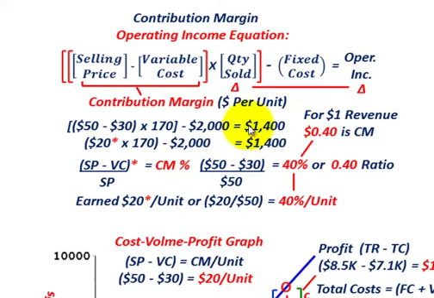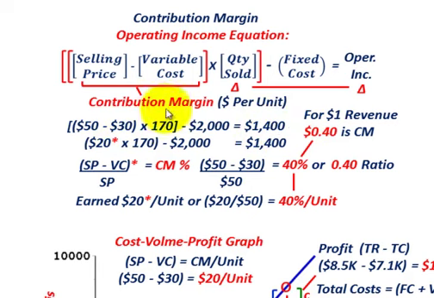So for our example here, we had that $1,400 in operating income. We calculate that by taking our selling price here minus our variable cost here, $30. That we would take times the quantity units sold here, 70. But we have to subtract out that fixed cost. We had that fixed cost at $2,000, and that's going to equal our $1,400 operating income.